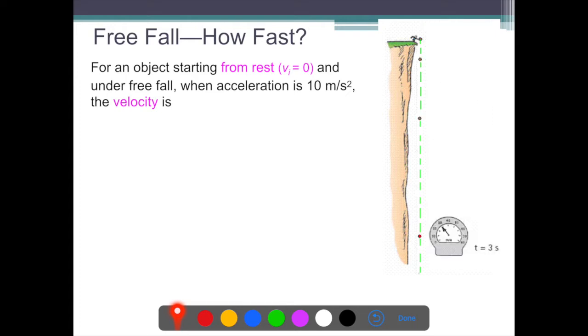And what will be the velocity after 2 seconds, after 3 seconds, and so on? Can you come up with what the velocity will be after 1 second, 2 seconds, and 3 seconds?